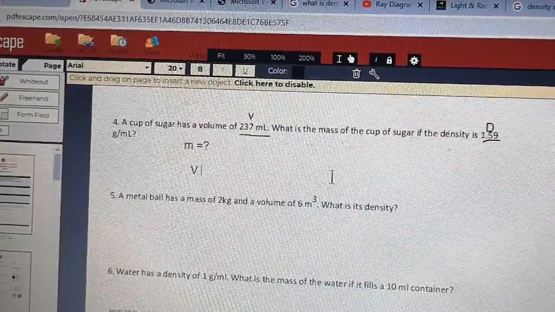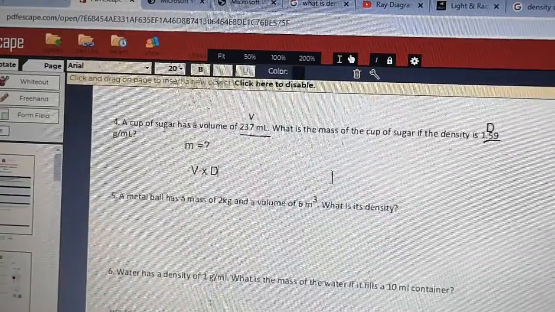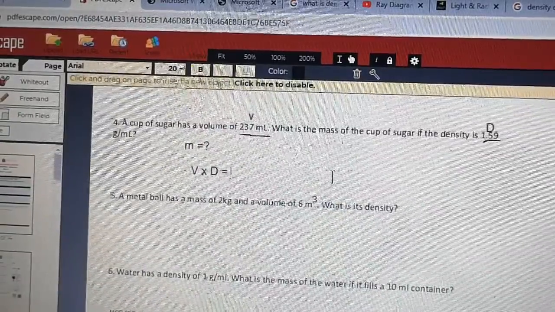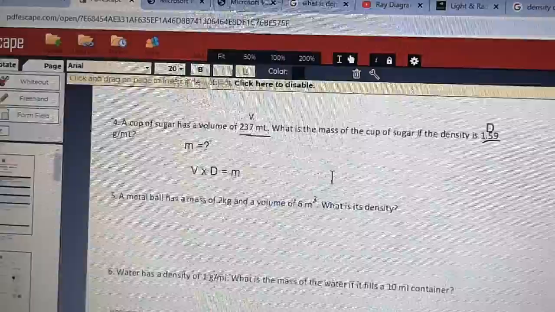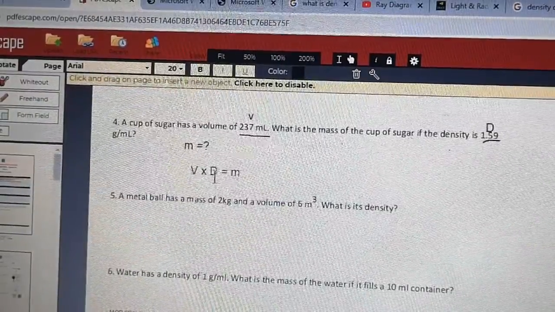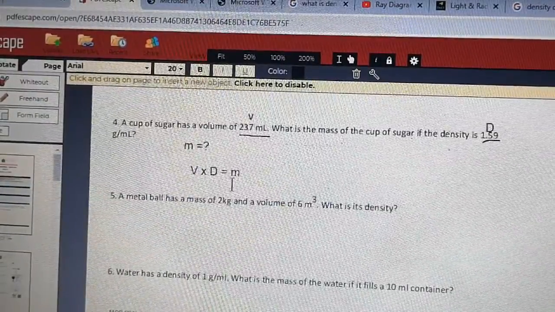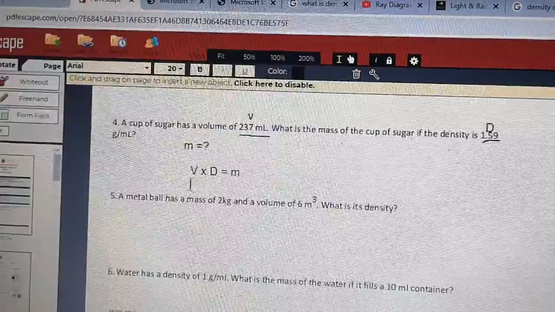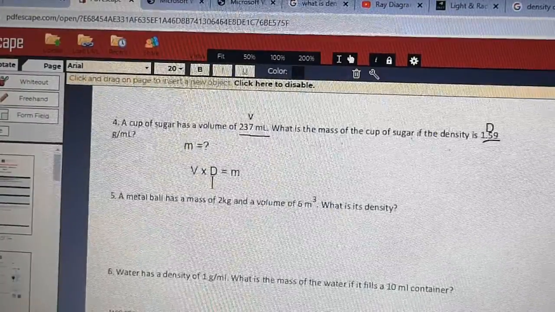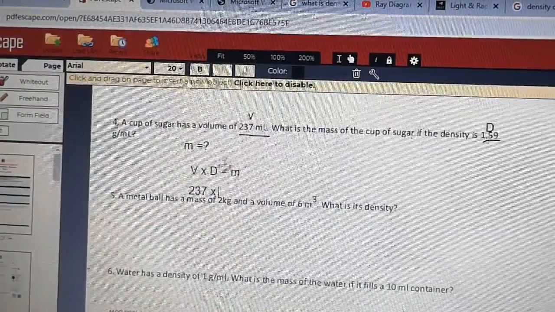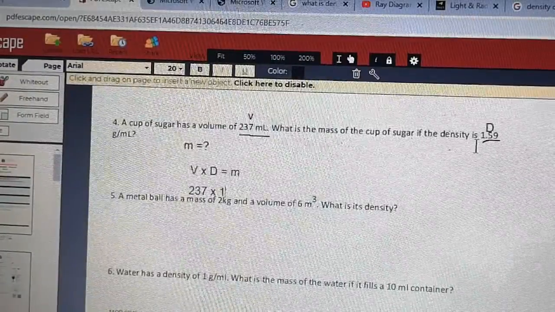Volume multiplied by density, and that will give me the mass, the one I covered. Always find the one you cover when you do that. So now just put the numbers in. The V, 237, multiplied by the D, 1.59.